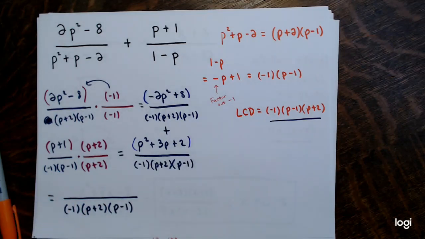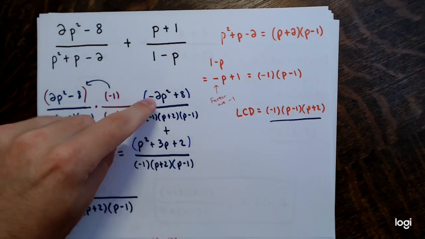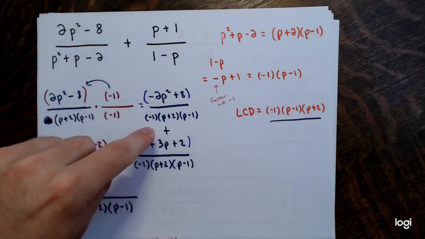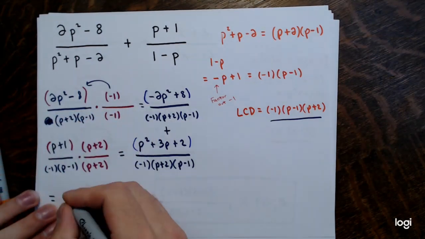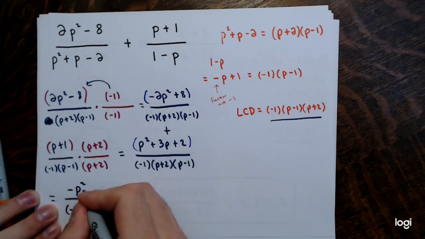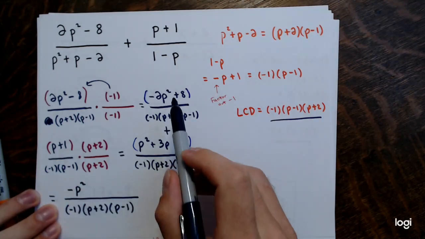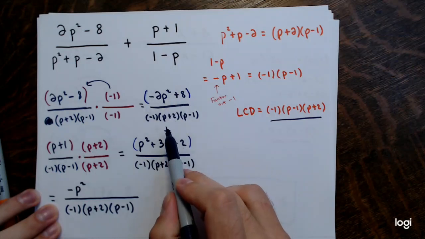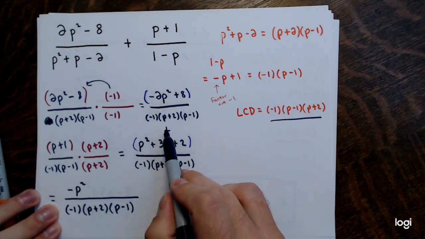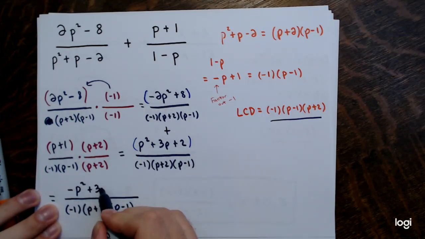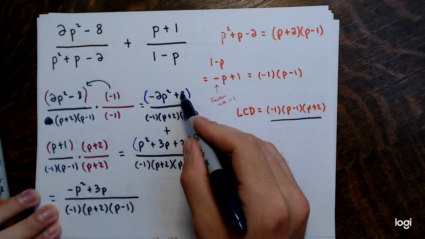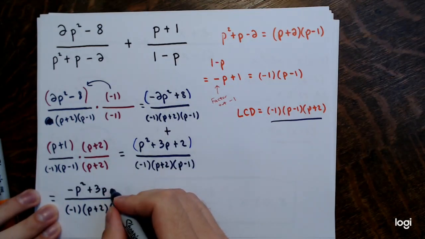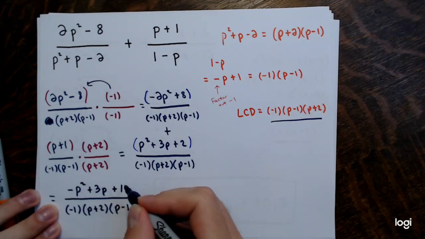And I'm going to combine like terms and write it in descending order. So we have negative 2p squared plus 1p squared, which is negative 1p squared, so minus p squared. There's no p to the first up here, so 0p if you want, plus 3p is positive 3p. And then positive 8 plus positive 2 is positive 10.